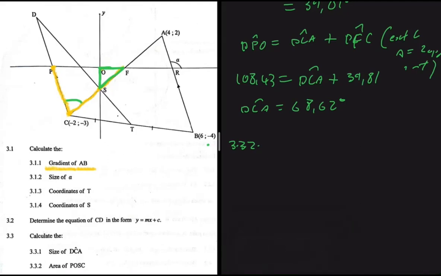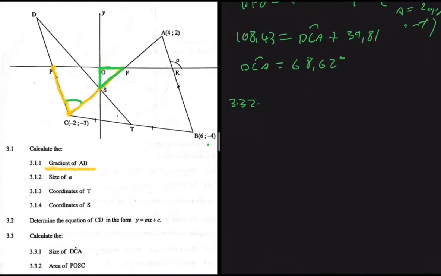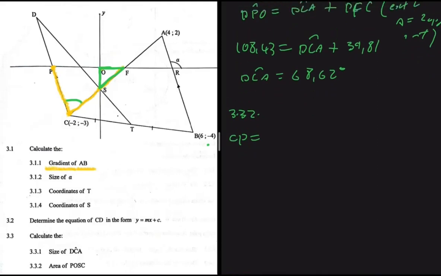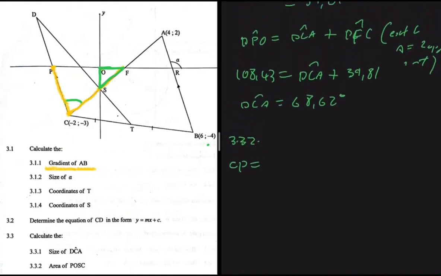So we're using CP and CF, right? So let's calculate CP. Here comes the distance formula, the formula I hate more than any other. We need the coordinates of P, and we have the equation of CD, which we calculated in 3.2.